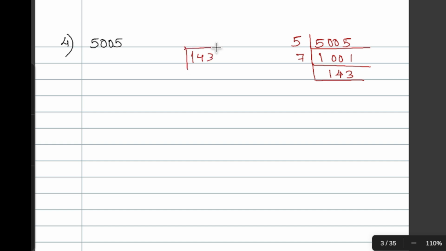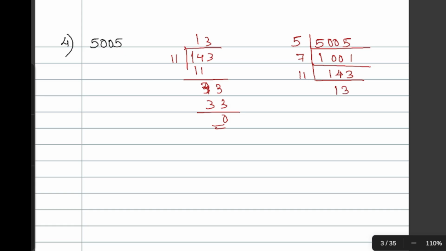If I'm dividing 143 with 11, what will happen? 1, 11 comes here, 3 comes here, and this 3, 33. So if I'm dividing it with 11, I'm going to get 13.